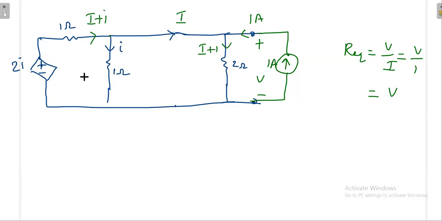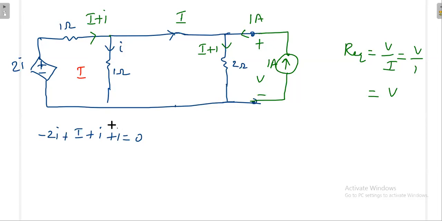Once I take this first loop: minus 2i plus capital I and small i plus capital I plus small i, this is equal to 0. This is the first equation.